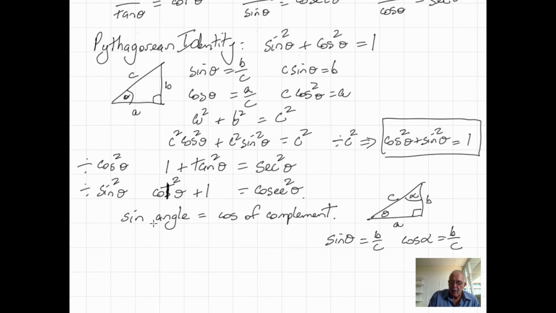So another way to write this algebraically is that the sine of alpha equals the cos of 90 minus alpha, or if you're working in radians, pi on 2 minus alpha. So the sine of an angle equals the cos of its complement.